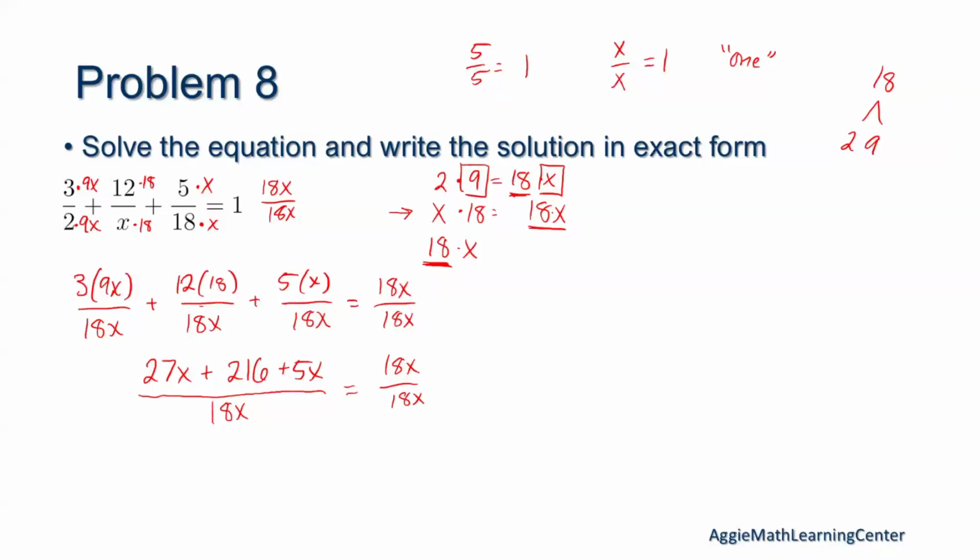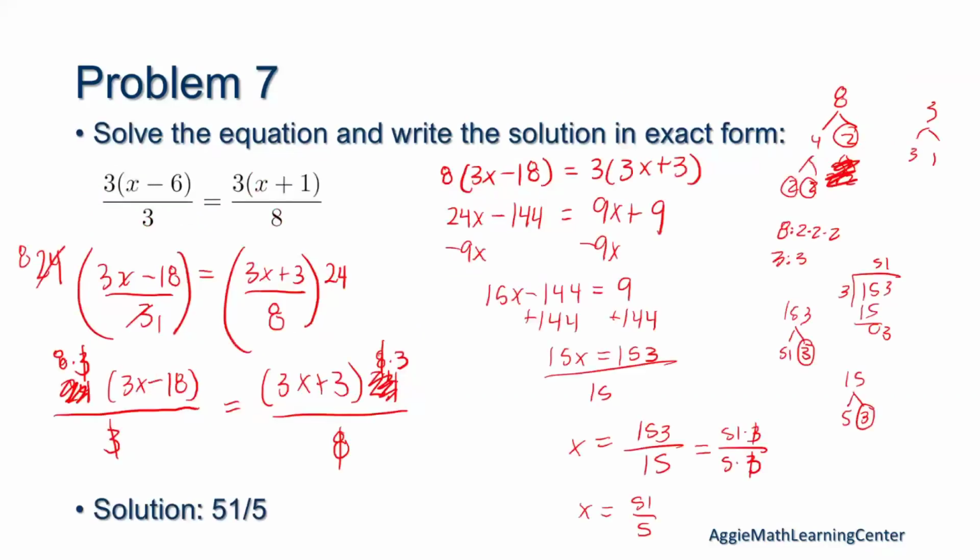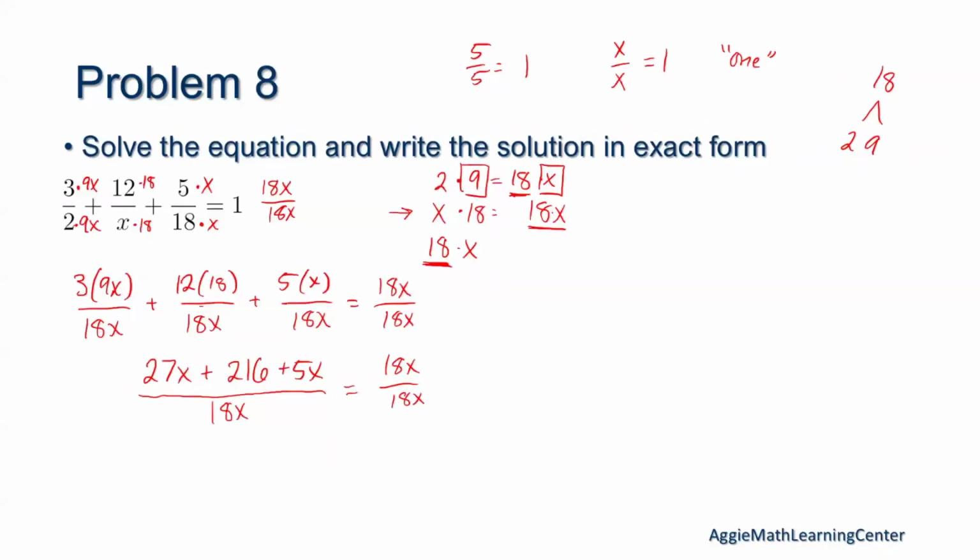This is like our other one, where now we've got something over a fraction. And on that one, we multiplied to get rid of the fraction, right? Could we do the same thing here? What could we multiply by to get rid of that 18x in our denominator? I have an 18x in the denominator.